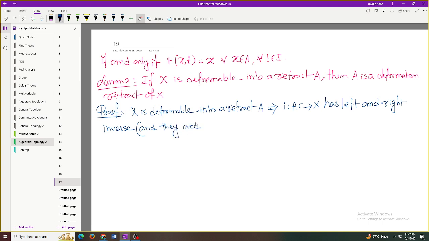You know that if it has left and right inverse, they are the same; we have seen it previously.